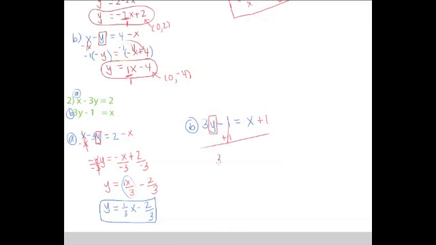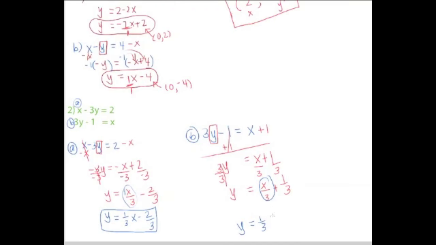You end up with 3y equals x plus 1. I want to get rid of this 3 because it's the last thing that's there. Okay, these cancel. And remember, this thing is weird right here with the x over 3, so rewrite it so that it looks like this: y equals 1/3 x plus 1/3.